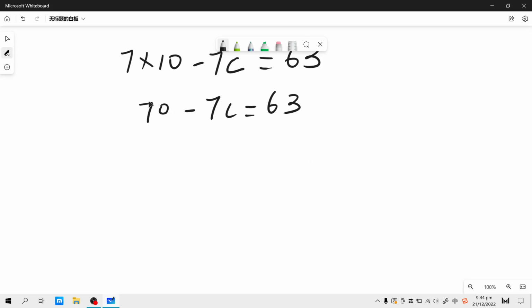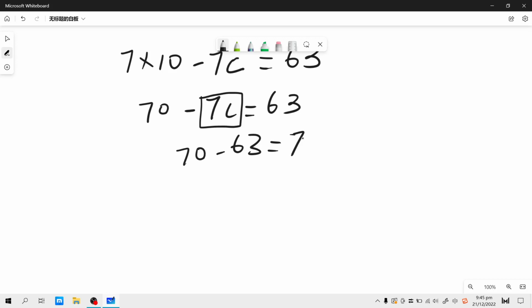In doing this kind of question, my way of doing it is you ignore this 7c first. You give it 70 minus 63. This is easy. 70 minus 63 equals 7.